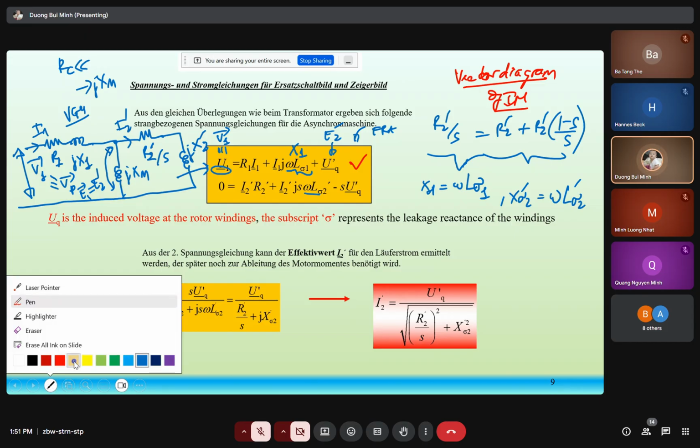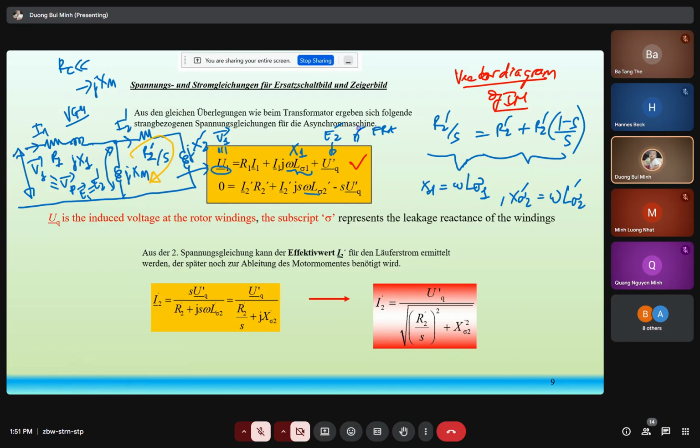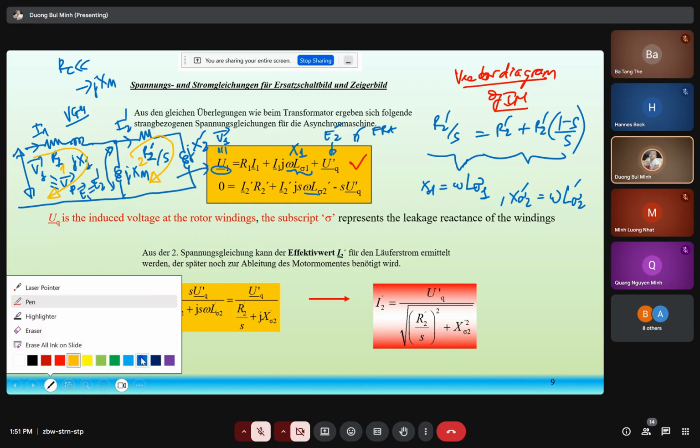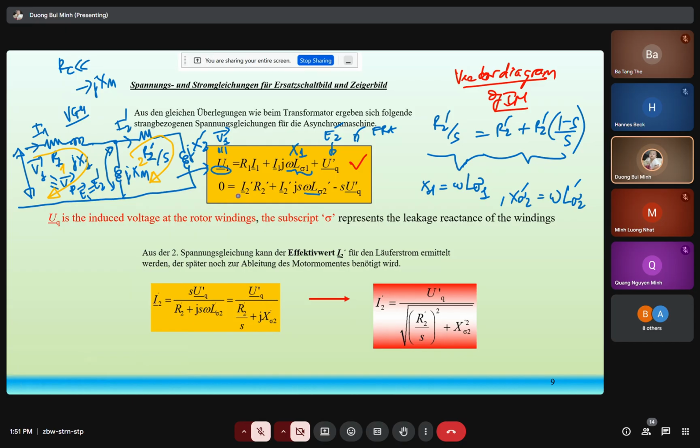And then when we consider Kirchhoff 2 for this one, this is Kirchhoff 2 for loop 1, this is Kirchhoff 2 for loop 2. So we can get, for this one, I2 over comma, R2 over comma, and then I2 over comma times jX2 over comma, and this is S times E2 over comma, just the same.